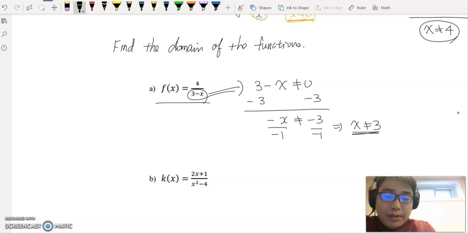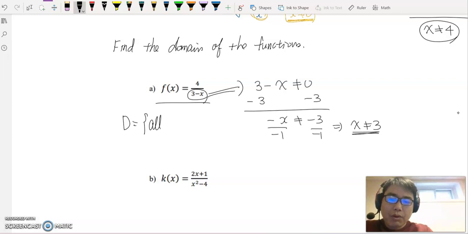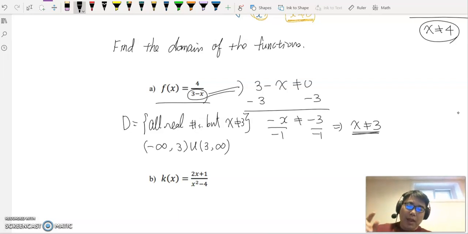Therefore, the answer: domain equal to all real numbers, but x cannot be 3. Okay. In interval notation you can write: open parenthesis, negative infinity to 3, union, and then 3 to infinity. That will be the domain value for this function.